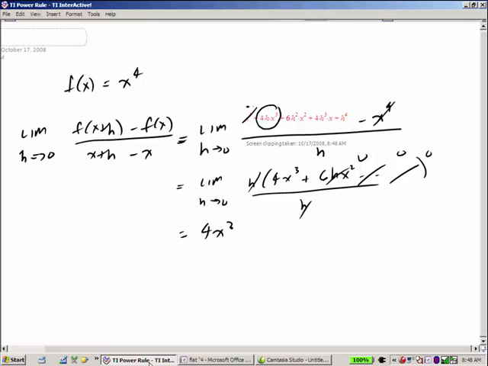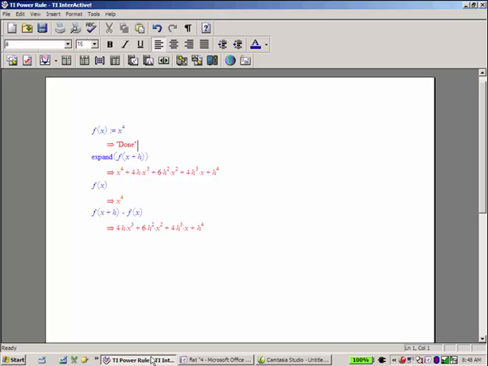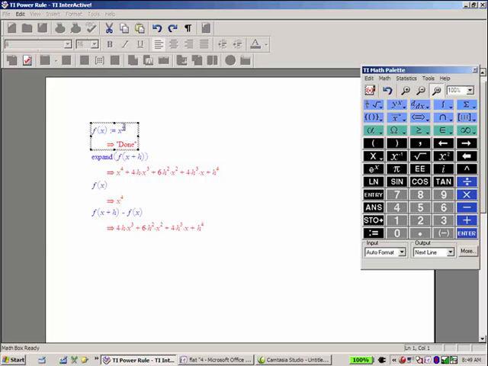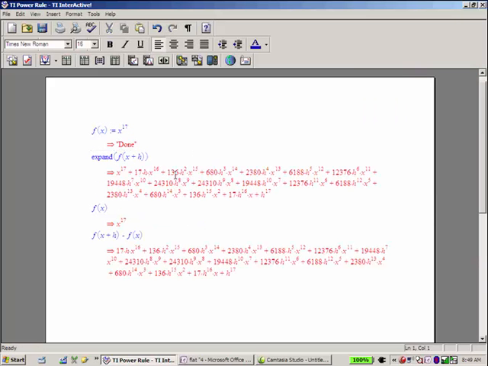So we can go back to this, and we can look for patterns, right? All you want to do is look at the term that has an h in it. So if I change it to something like x to the 17th, that's a lot of algebra, but where's the term with one h in it? 17hx to the 16th, right?